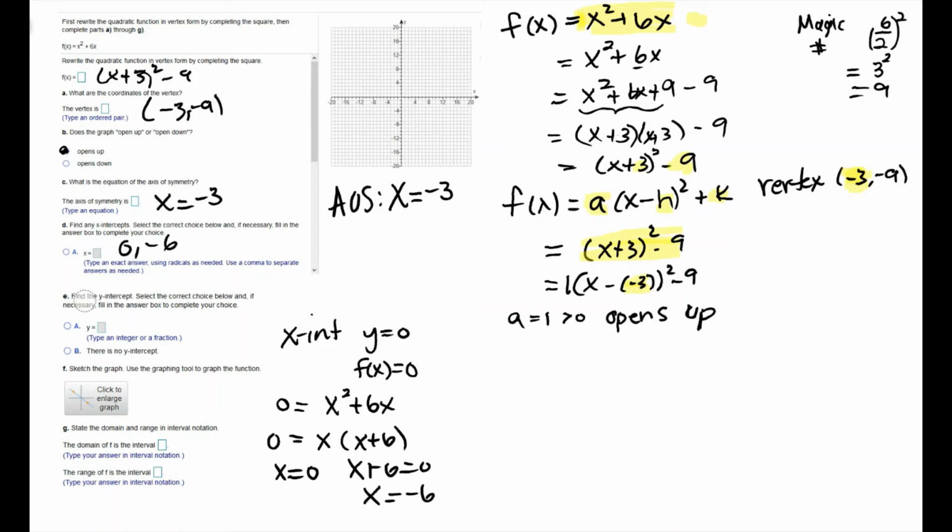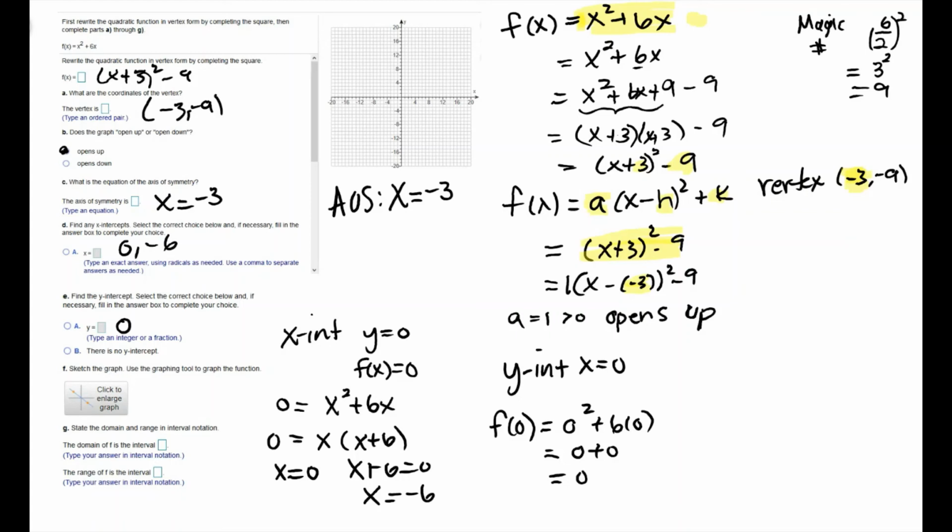The next part says to find the y-intercept. You find a y-intercept by letting x equal 0 and finding f of 0. That's 0 squared plus 6 times 0, which is 0 plus 0, and that's 0. So we have a y-intercept of 0. So now we're going to sketch the graph. That's the next part, sketch the graph.